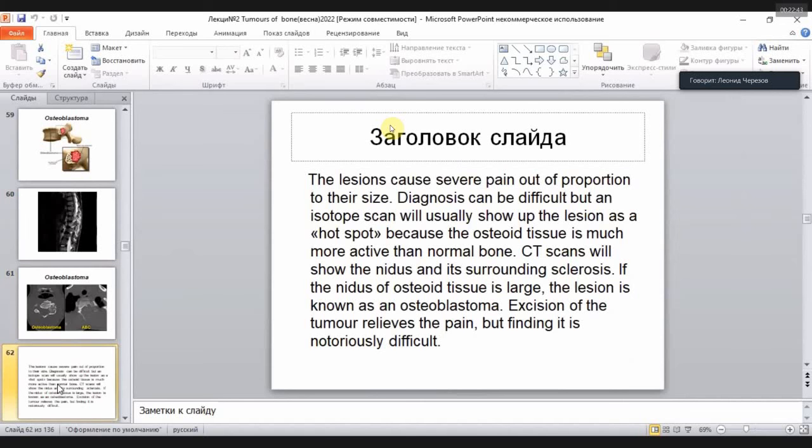The lesion causes severe pain out of proportion to their size.